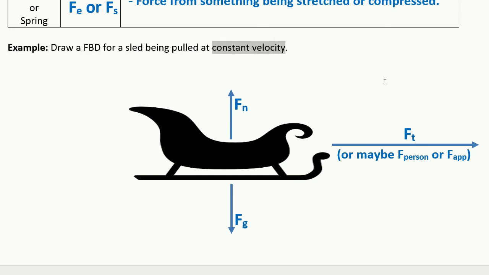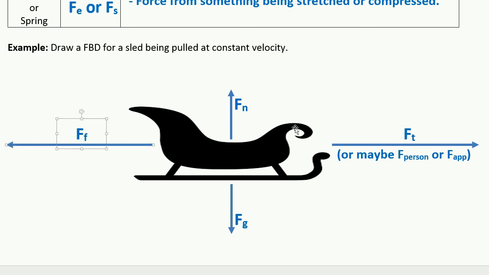And I'll remind you, Newton's first law tells us whenever something has constant velocity, that means its motion isn't changing, the forces must be balanced. And if we look at our free body diagram so far, it doesn't look like these forces are balanced. These two, Fn and Fg, seem balanced, but there's nothing balancing out Ft. If this sled is at constant velocity, there has to be something balancing out Ft.